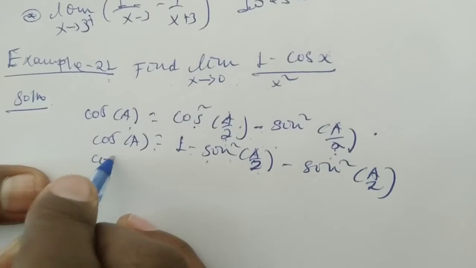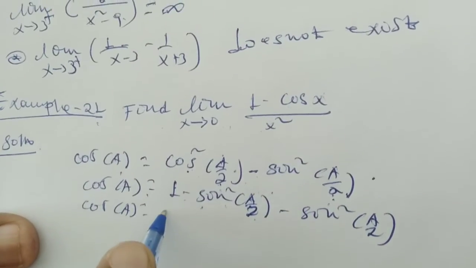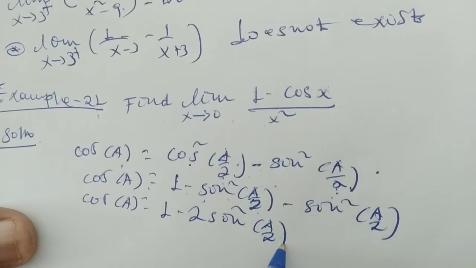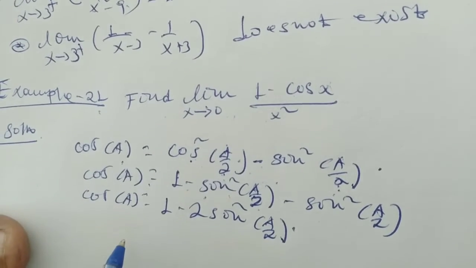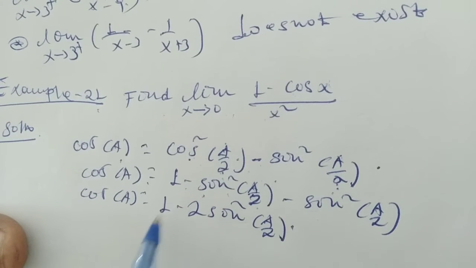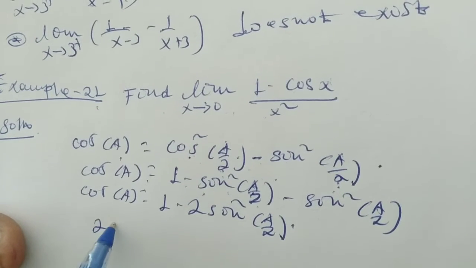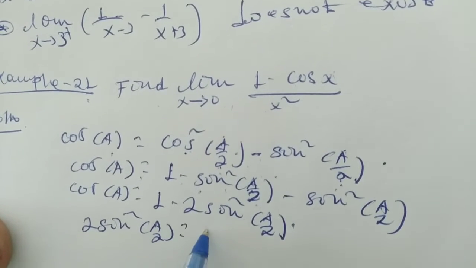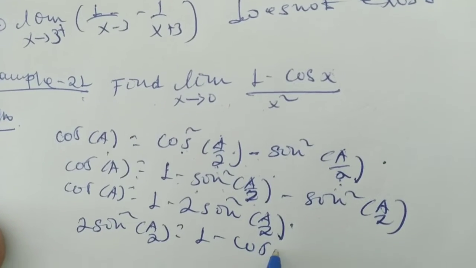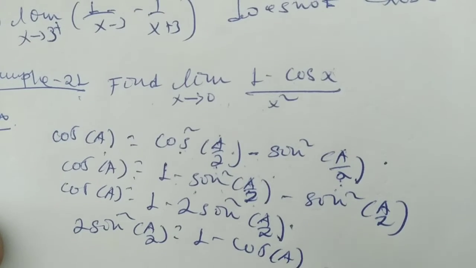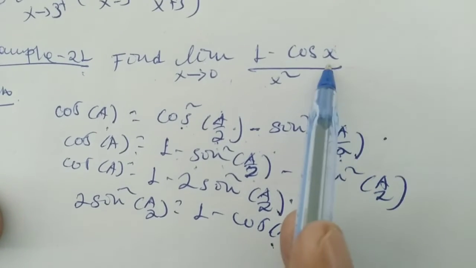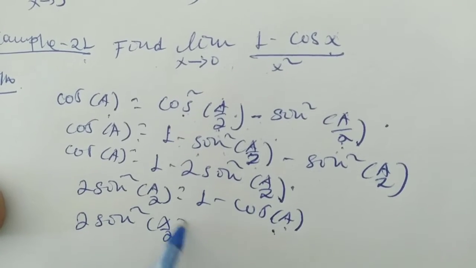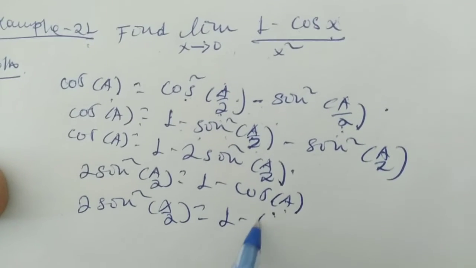Therefore cos of a equals 1 minus 2 times sin whole square of a over 2, so 2 times sin whole square of a over 2 equals 1 minus cos of a. Since this is x, 2 times sin whole square of x over 2 equals 1 minus cos of x.